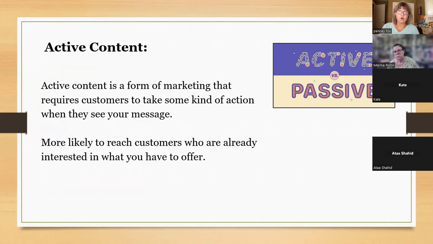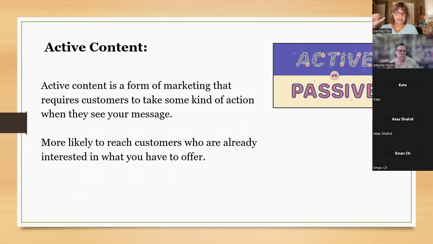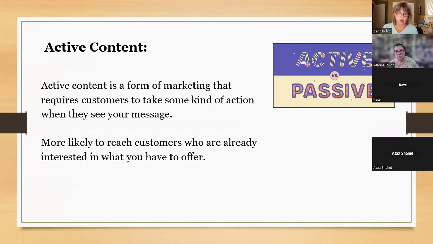This is the people who are looking for your content, who are looking for answers to their challenges, who are doing Google searches, who are running searches on hashtags, that are looking for this specific type of information. They're interested in what you have to offer. They are actively looking to consume your content.